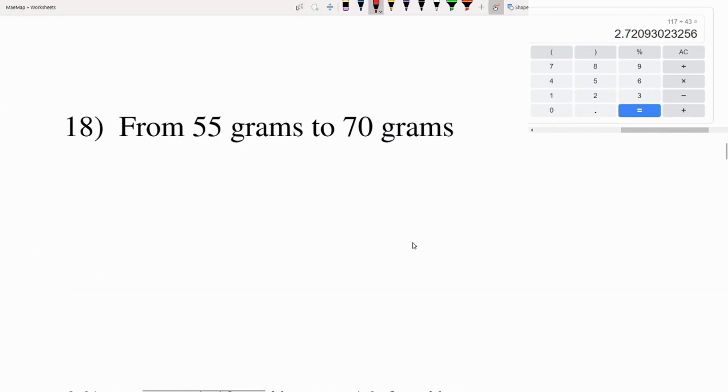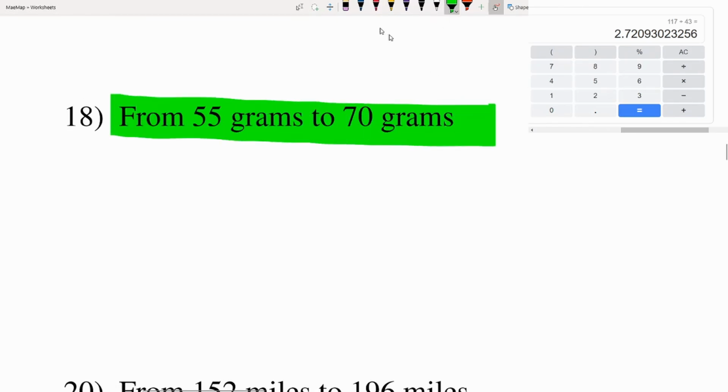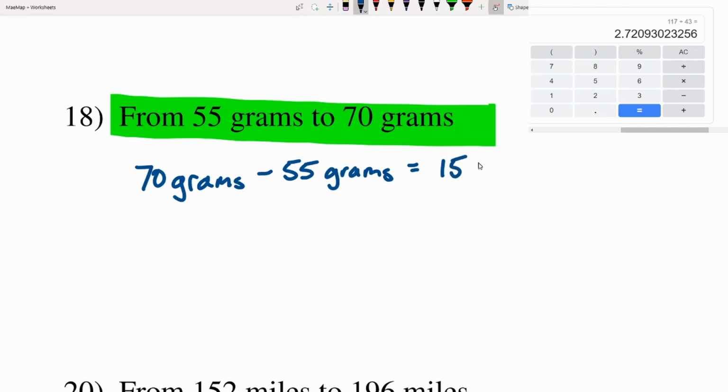And number 18, 55 grams to 70 grams. That, again, is an increase because 70 is greater than 55. So we'll take 70 grams and subtract 55 grams. 70 minus 55 grams is going to be 15 grams. So I'll take that change of 15 grams and I'll put it over our starting value, which we started at 55.